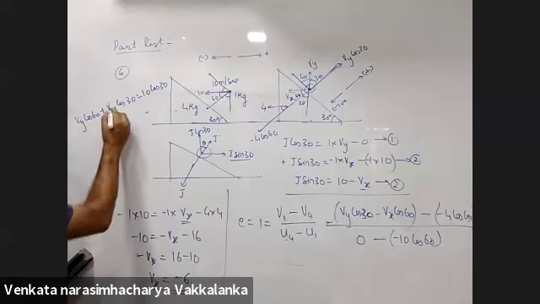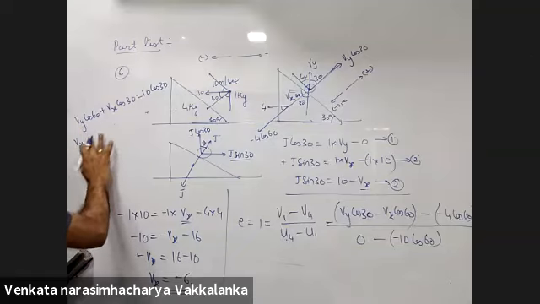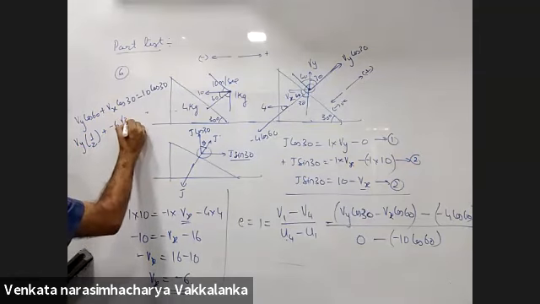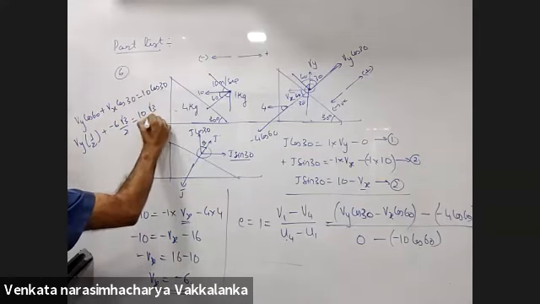How much are you getting? Vx as minus 6. Vy cos 60, cos 60 is half. Vx is minus 6 root 3 by 2. 10 cos 30 is 5 root 3.